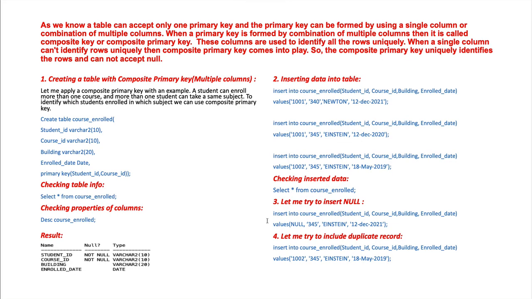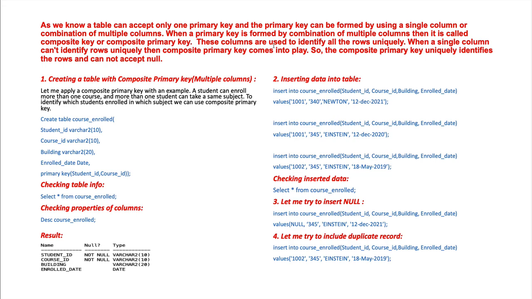As we know, a table can accept only one primary key, and the primary key can be formed by using a single column or a combination of multiple columns. When a primary key is formed by a combination of multiple columns, then it is called composite key or composite primary key.